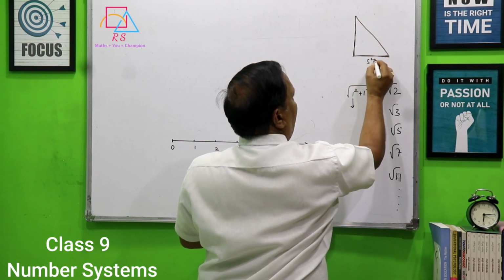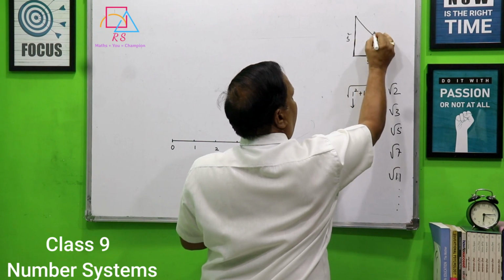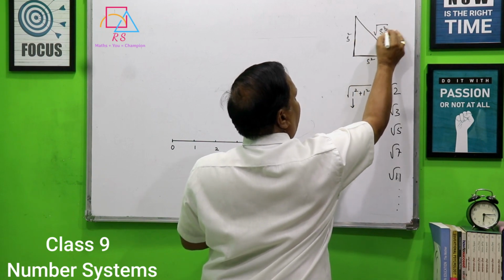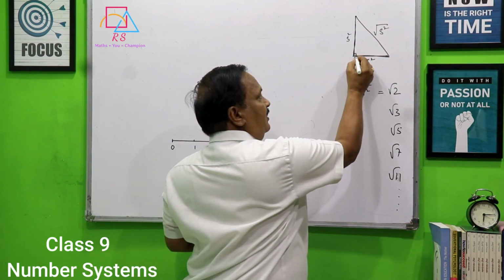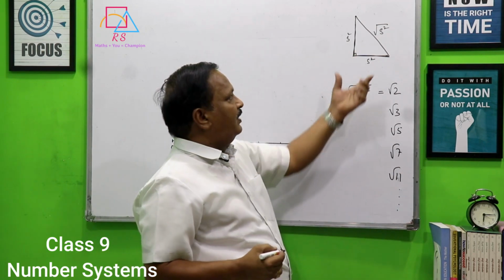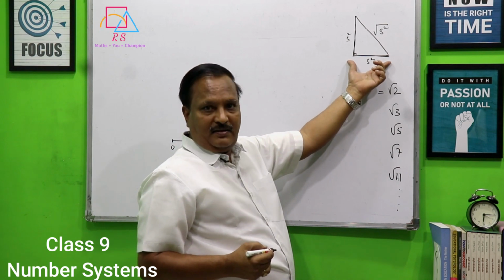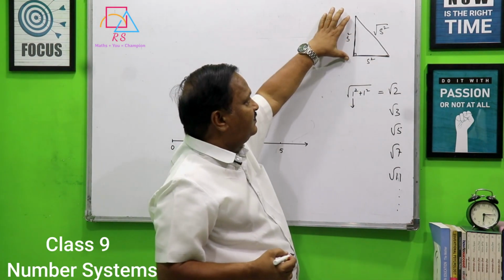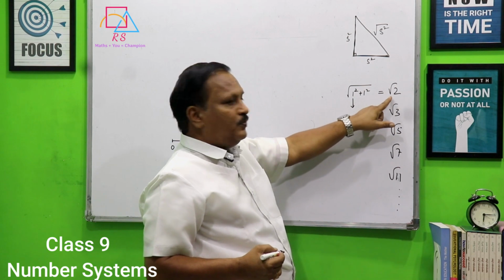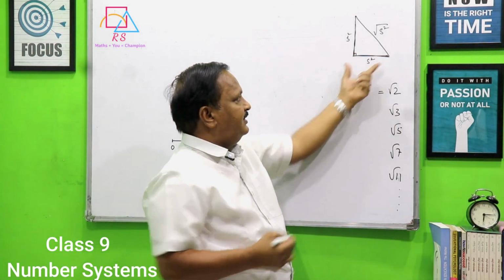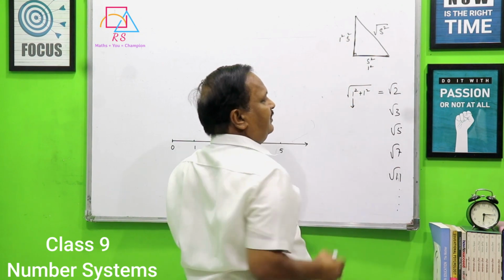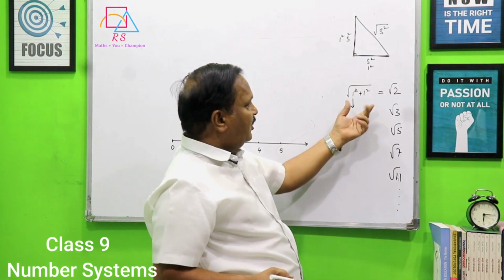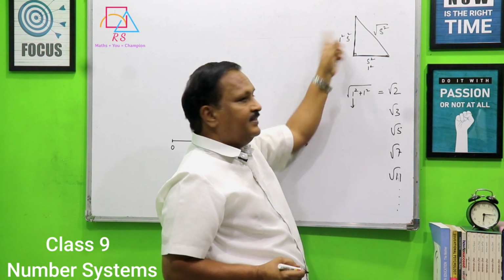So this is side square and side square. This is equal to root of a side square. This is the Pythagoras theorem concept in right angle triangle. Now root 2, I am putting this is 1 square and this is 1 square. Root 3 also you have to put it like 2 sides.